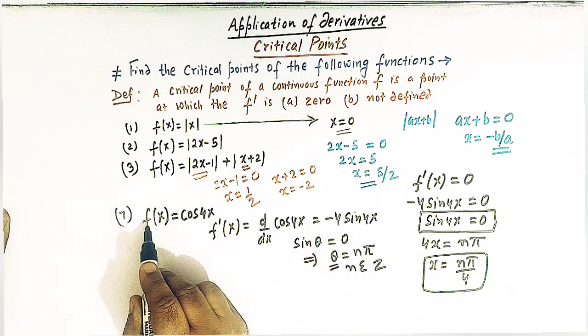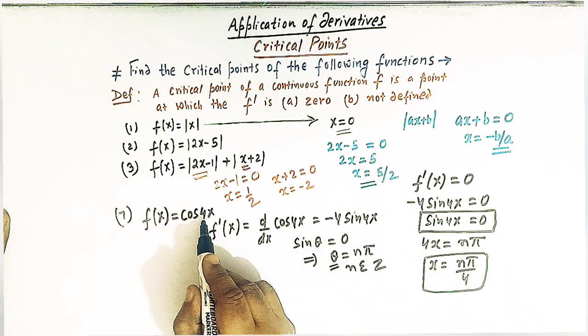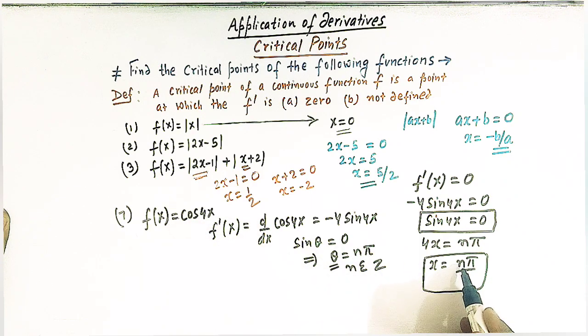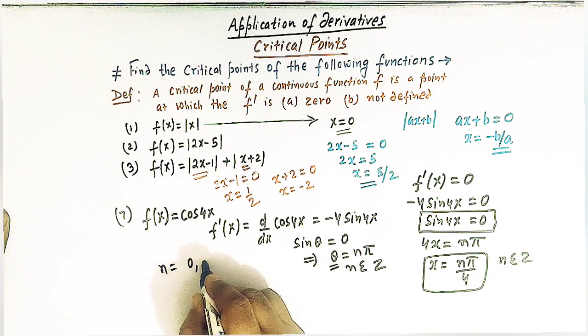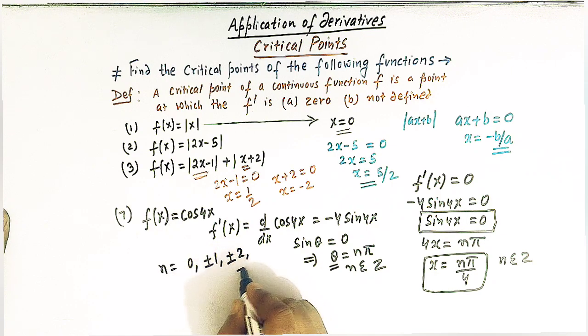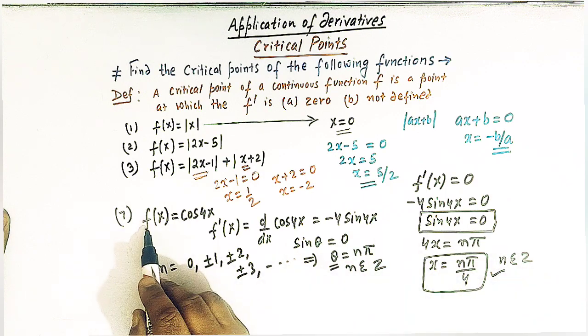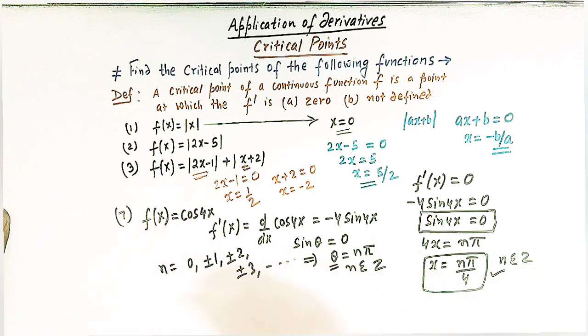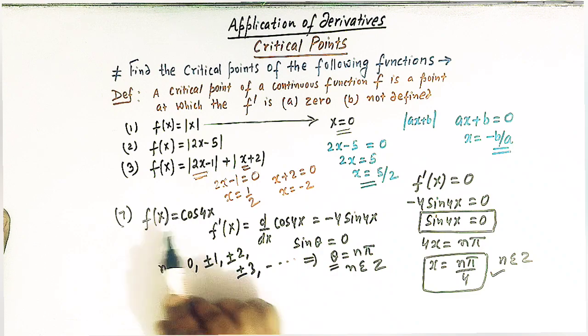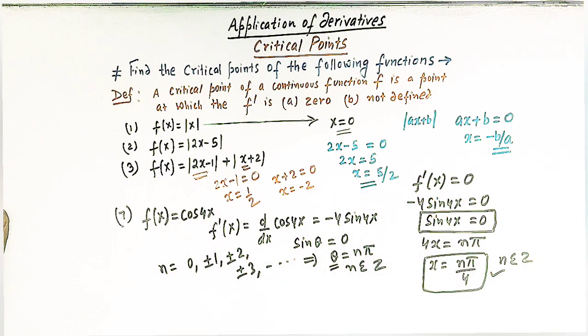So this function f of x is equal to cos 4x has these critical points where n belongs to the set of integers, that is n is equal to 0, plus minus 1, plus minus 2, plus minus 3, and so on, right? So we can conclude that this function f of x has an infinite number of critical points where the derivative of this function is equal to 0, right? So the values of x equal to n pi by 4 make the derivative equal to 0.